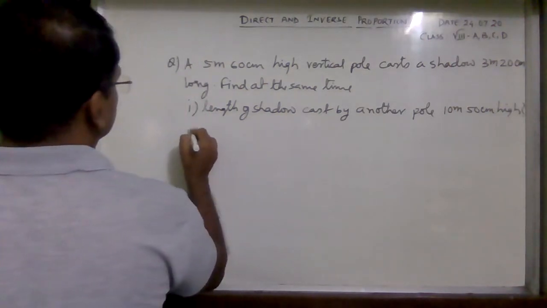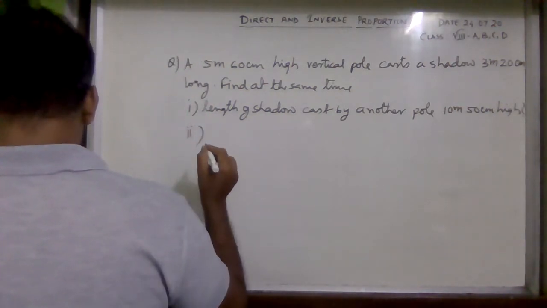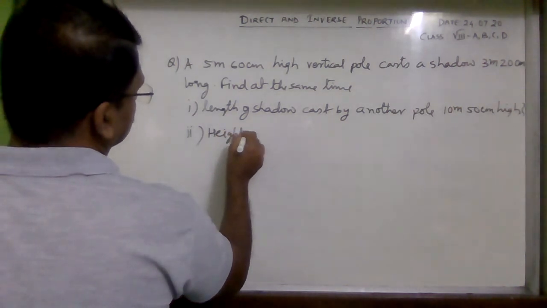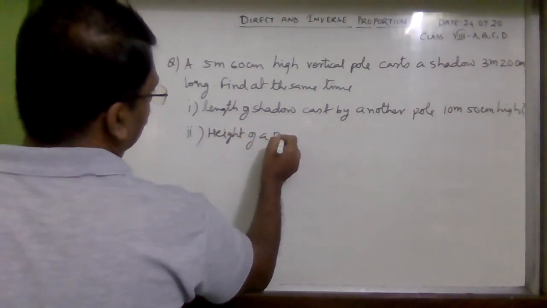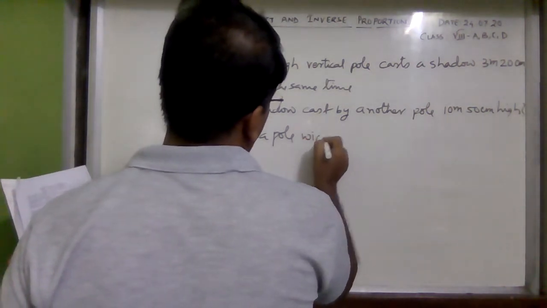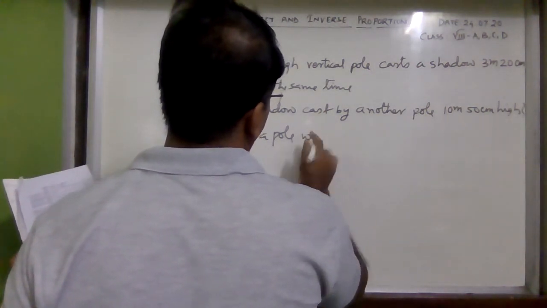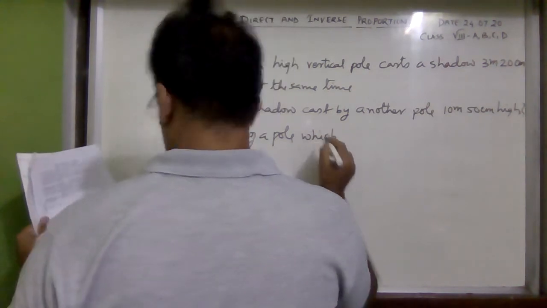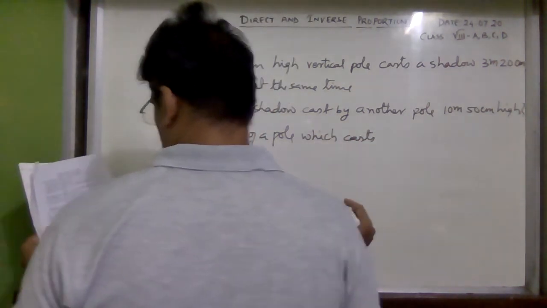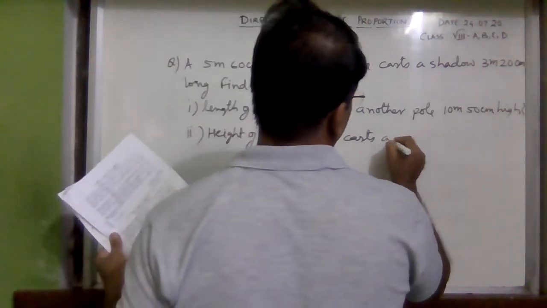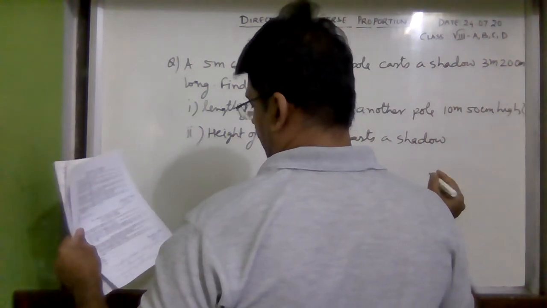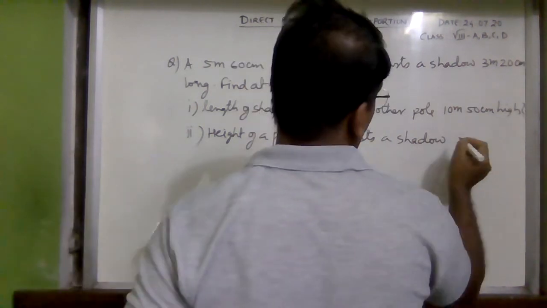Second part, the height of a pole which casts a shadow 5 meter long.